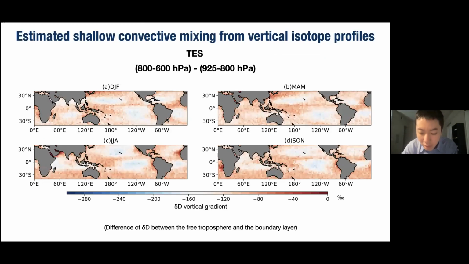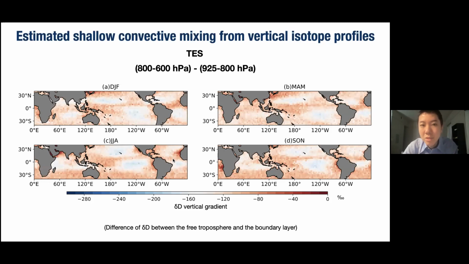So here is our estimation of shallow convective mixing from the satellite data. This is the delta D gradient between the free troposphere and the boundary layer. Here the red color means there is more delta D gradient, which means strong convective mixing.